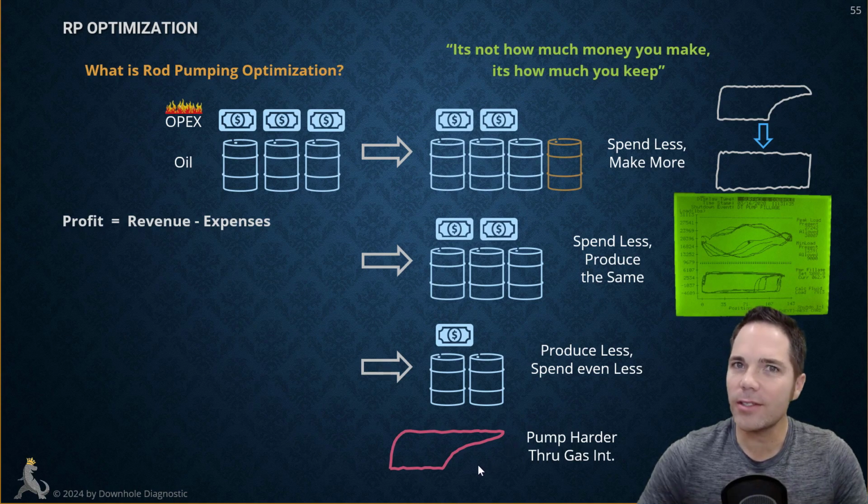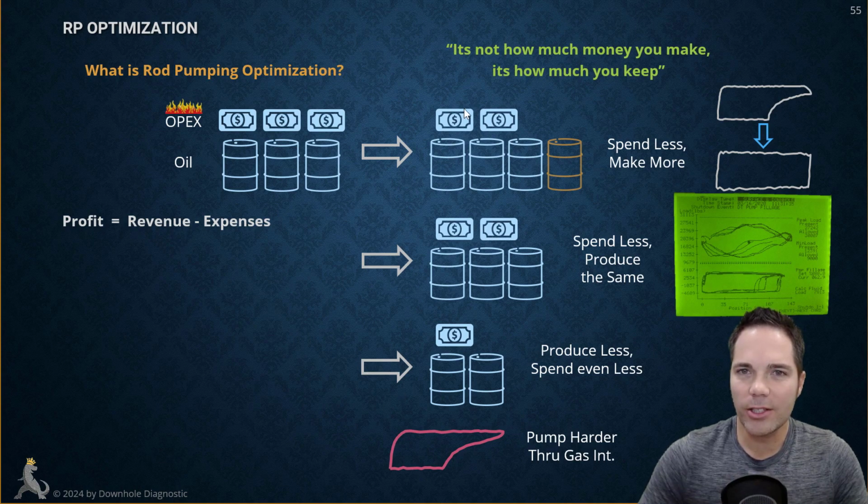And so there's certain wells or certain scenarios where you want to pump that well harder, especially in a high price environment. So if the price of oil is $80 to $100 a barrel, you probably want to be more aggressive. So as you pump the well harder, you'll get more production, which is good, but you're also going to increase your expenses. But as long as you can increase the difference to where your revenue's more than the increase in the expenses, then you're going to be in the positive there. So another scenario to think about.